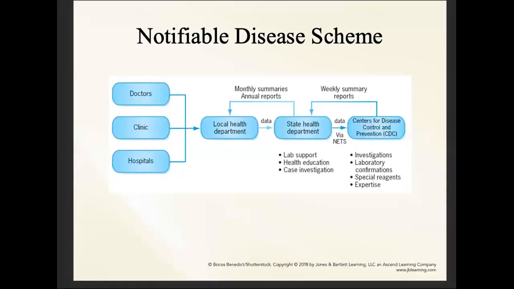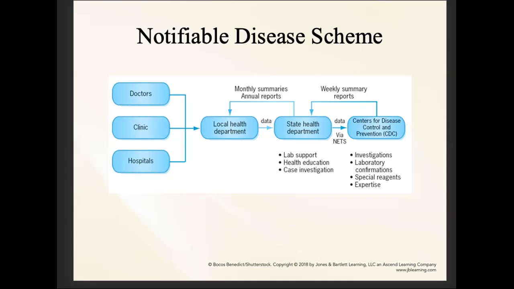So the table that you're looking at here is the notifiable disease scheme. When doctors, a clinic, or hospitals are aware of an infectious disease for which health officials request or require reporting for public health reasons, they then report to their local health department. The local health department sends that data to the state health department, who sends that data to the Centers for Disease Control and Prevention, or the CDC.